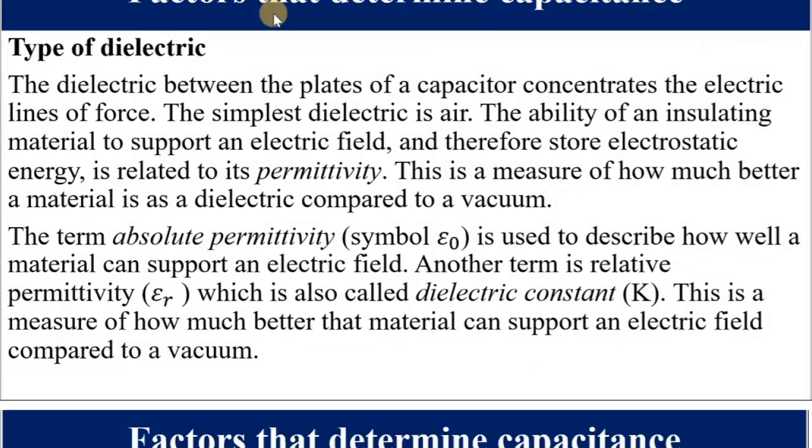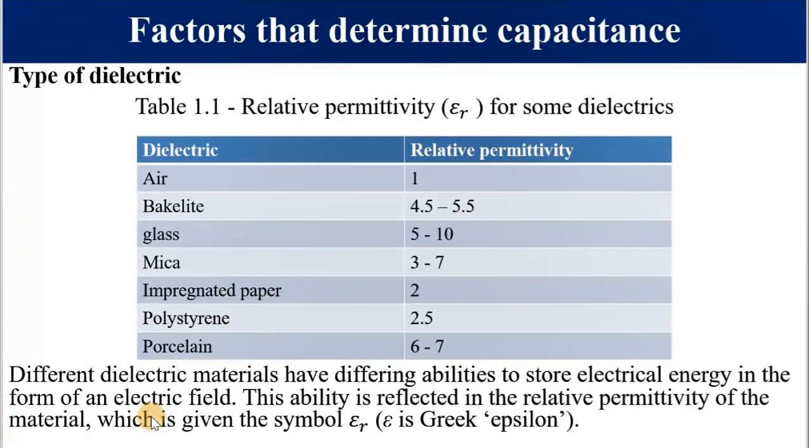We've got a table 1.1, and it shows the relative permittivity of various dielectrics. The first one is air, followed by bakelite, glass, mica, impregnated paper, polystyrene, and porcelain. These are their relative permittivity, epsilon r. Air has a relative permittivity of 1.